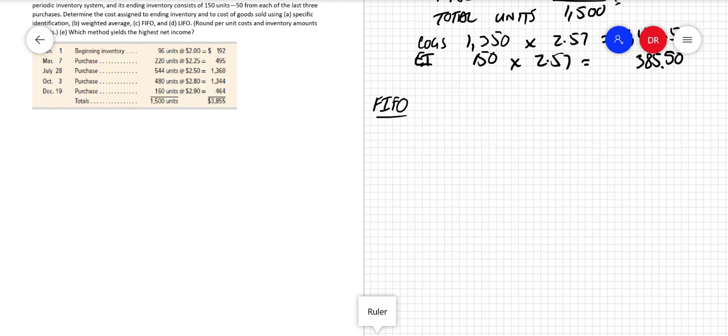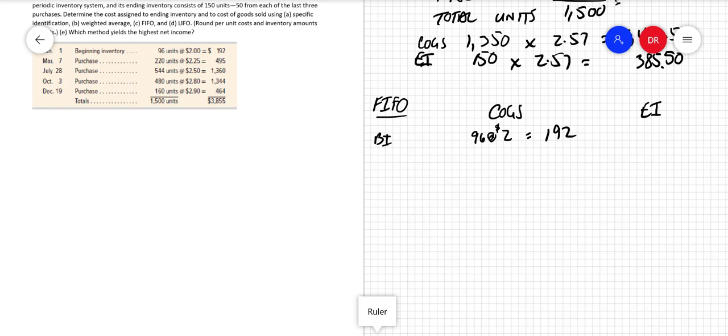So when we do FIFO with this approach, we're going to say the beginning inventory is all in cost of goods sold. So with FIFO, we're going to put everything in cost of goods sold first from the beginning down. So looking at this, we'd say all 96 units at $2 go in cost of goods sold. That's $192.